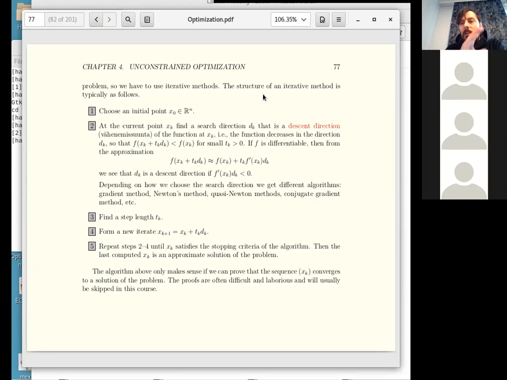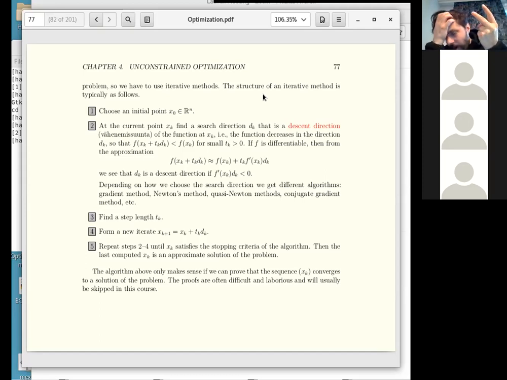Just as a recap, every single unconstrained optimization algorithm works in this way. You choose an initial point, that's your first choice. At each point, you choose the descent direction, a direction which you go to.